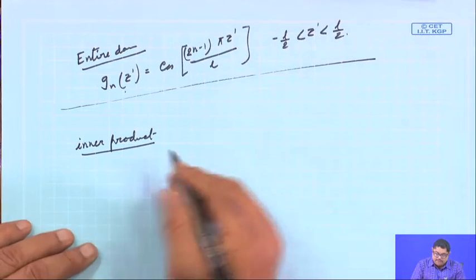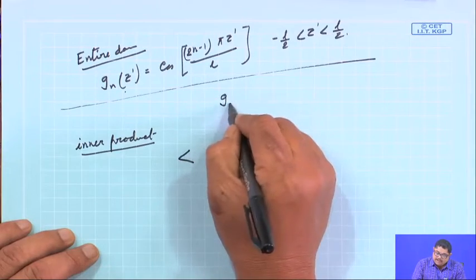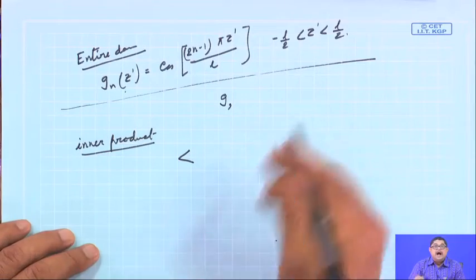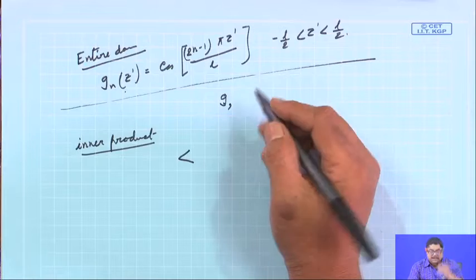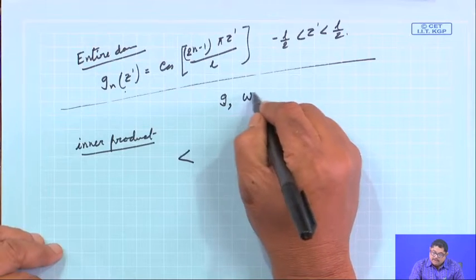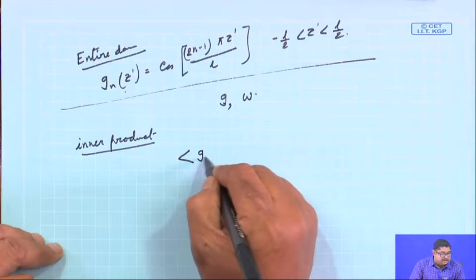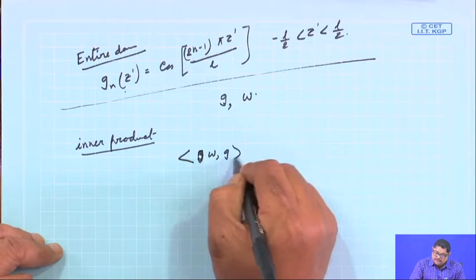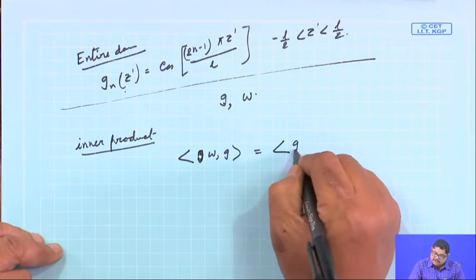Now, what is an inner product? There are definitions, but suppose I have a g function, which is expanded with a basis function. I also have another function w. Their inner product, written with two brackets, <w, g>, is the same as <g, w>.